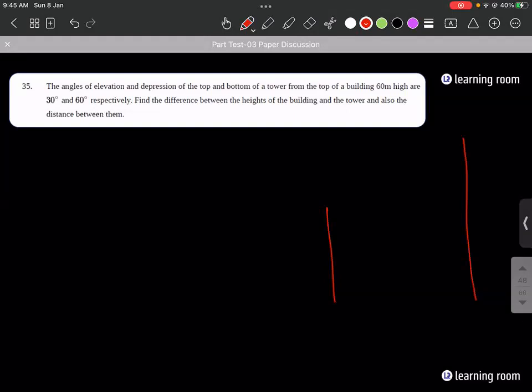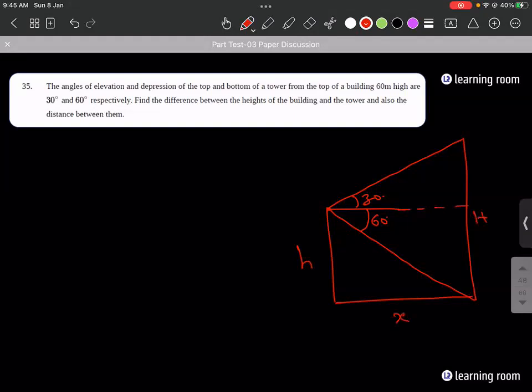The angles of elevation and depression of the top and bottom of the tower are 30 degrees and 60 degrees respectively. If I take this to be capital H, and this to be X, the building is 60 meters high. Did you understand the diagram?